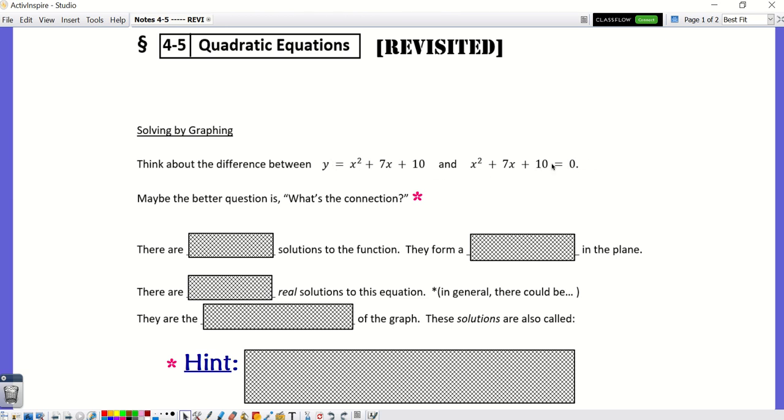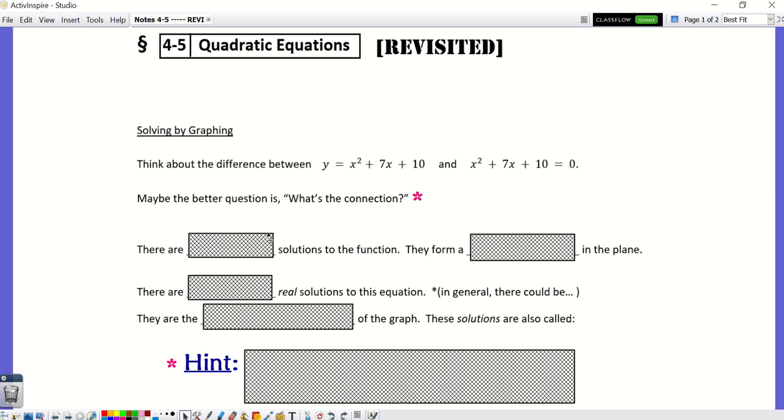What's the difference between these two equations? Maybe the better question is, what's the connection? You might look at this and say, well, this is equal to y, but this equation is equal to 0. That's the basic difference. It's the same equation except one has a y and one has a 0. Yeah, okay. Good eye, Brian.